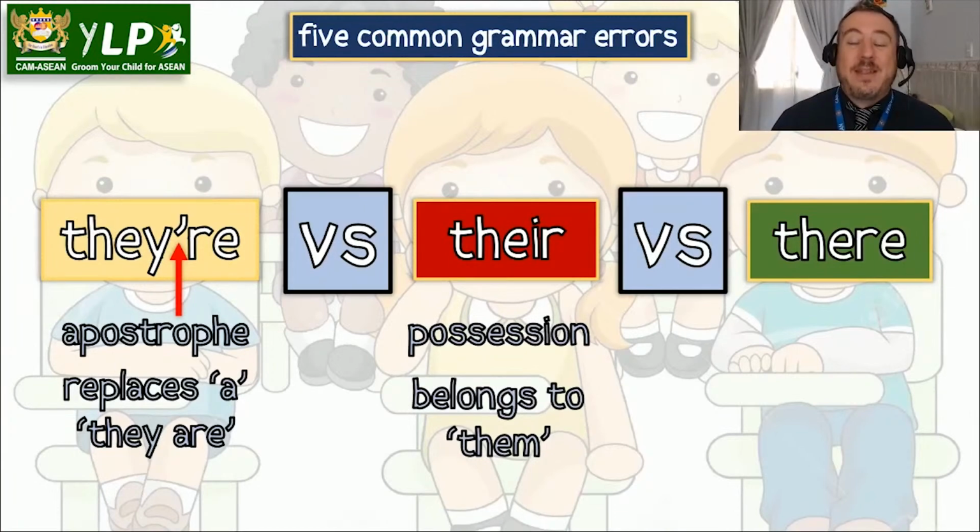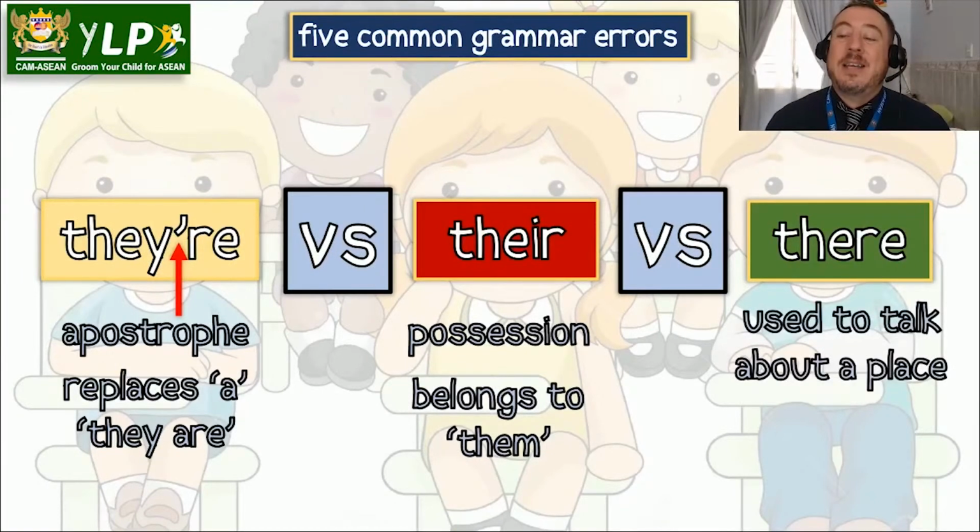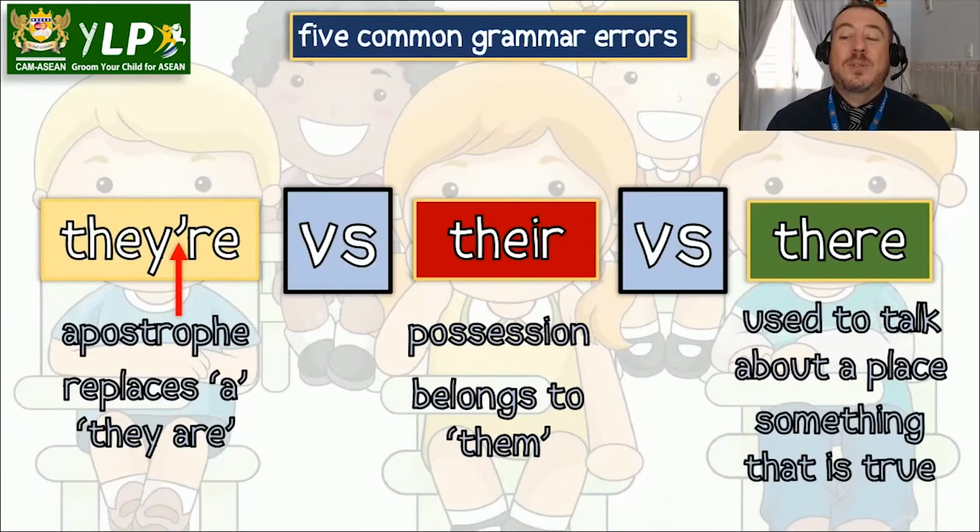Okay? And the green there is used to talk about a place. Okay? Or it's also used to talk about something that is true. Okay, so for example, to talk about a place, we might say over there. Where is my phone? Oh, my phone is over there.